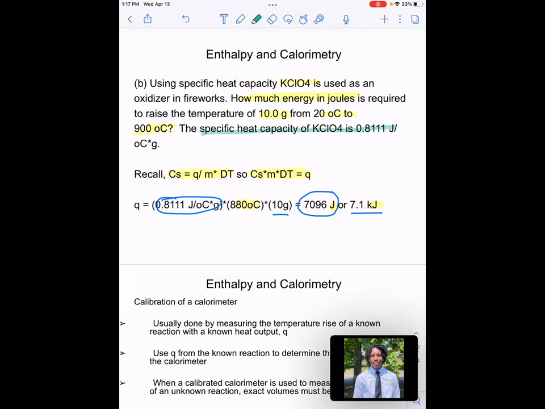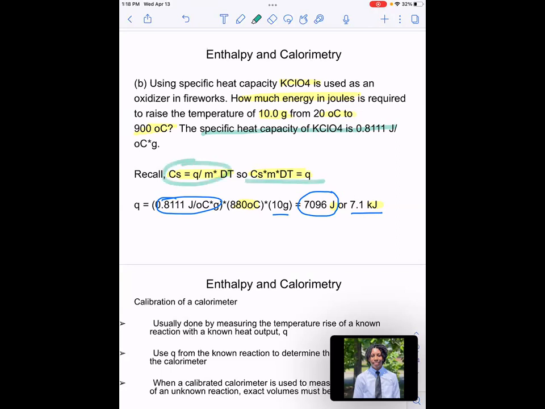Anytime you have a substance, that specific heat capacity, C sub S, you can find that. That's a known value. Specific heats have been calculated for many compounds or many substances. So you can find that on a table, or you can Google it, but the information is there. All right, so here's our equation right here.